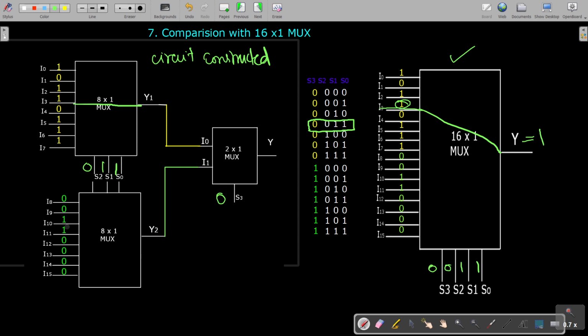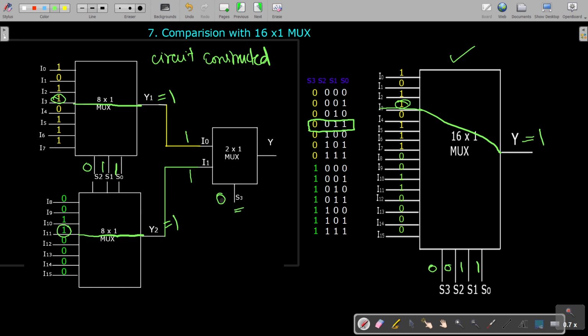And here also this I11 is selected and it is being connected here. So what is the output? For this Y1 is equal to 1 because of this 1. And this I11 is also 1. It is also coming here as Y2. So here I0 is equal to 1. This I1 is also 1.